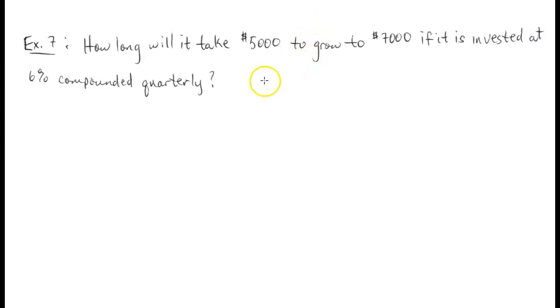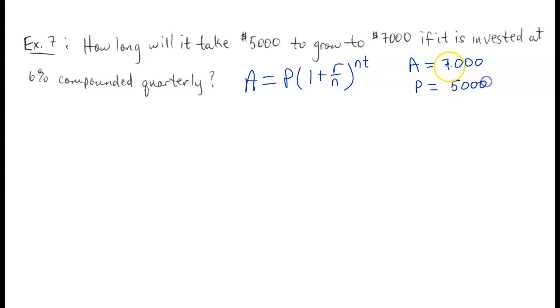Since it says compounded a certain number of times a year, we need to use our finite compound interest formula. Our A is going to be 7,000 because that's the amount we want out. The P is going to be 5,000 because that's the amount we're willing to put in.